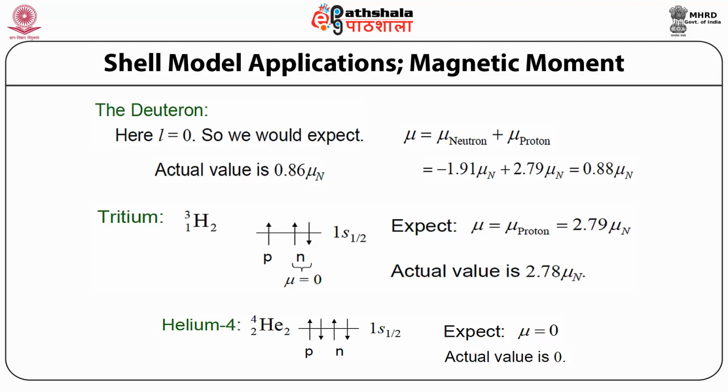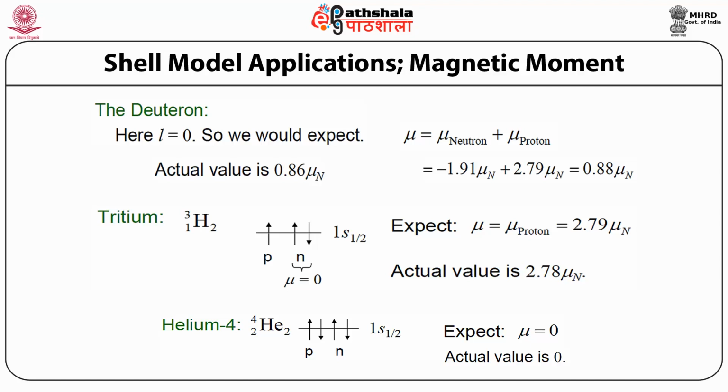Now, again in the second case, that case of tritium is discussed. In tritium, the chemical symbol is 3H. So, it has got one proton and two neutrons. Again in this case, L value is 0 because the odd proton is in s orbital, and the two neutrons are again in the s orbital.